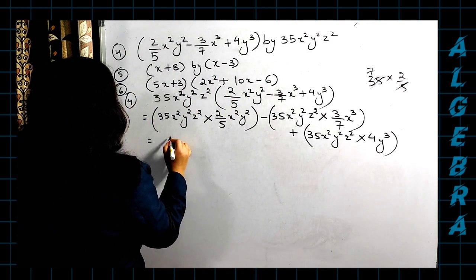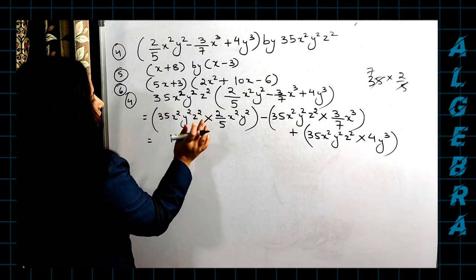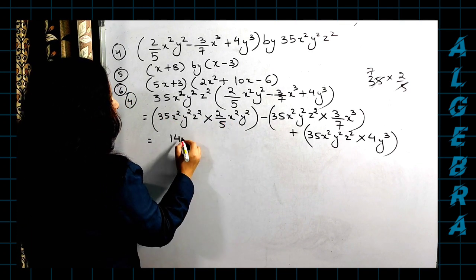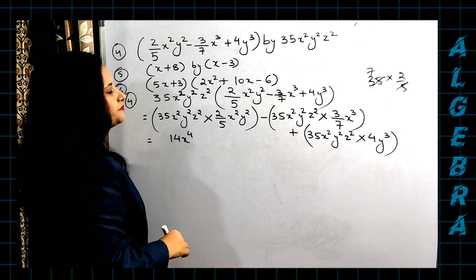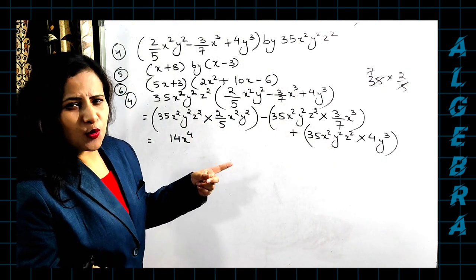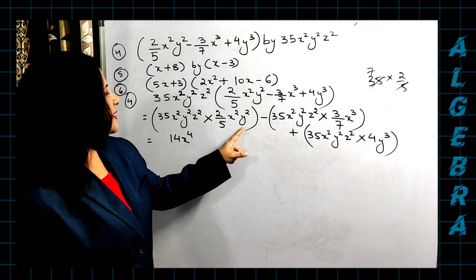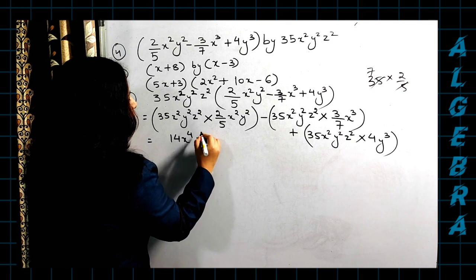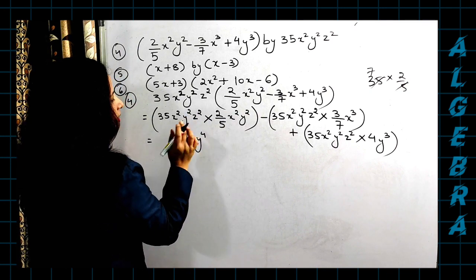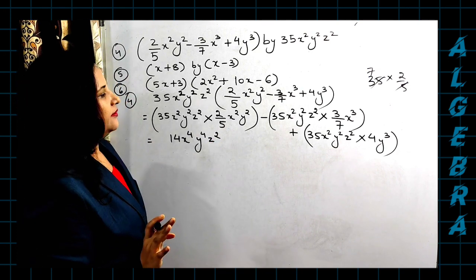So simply write down 14, don't make it so lengthy and critical, okay? Now x² is there, here also x². What is the power of x? 2 plus 2, 4. You're multiplying the same base, so add the exponents, the powers, right? Y is here and here as well, so it becomes y to the power of 4, and z² is single. So keep the z² as single, right?